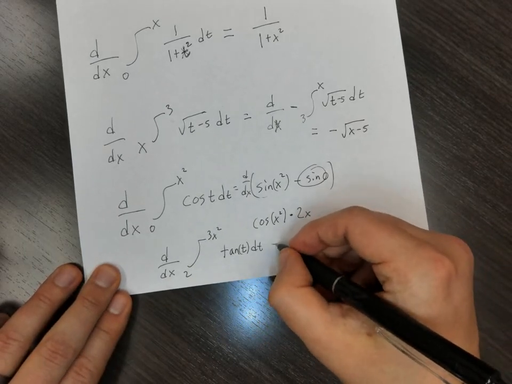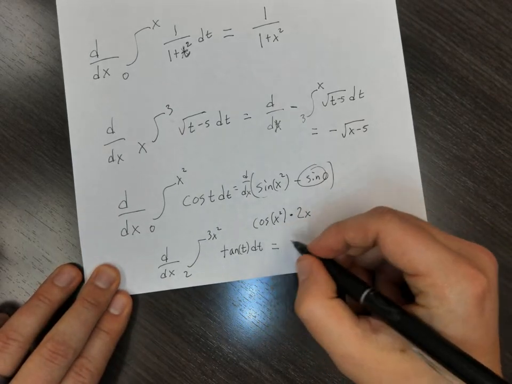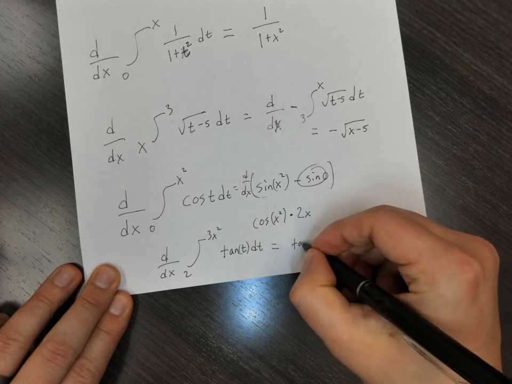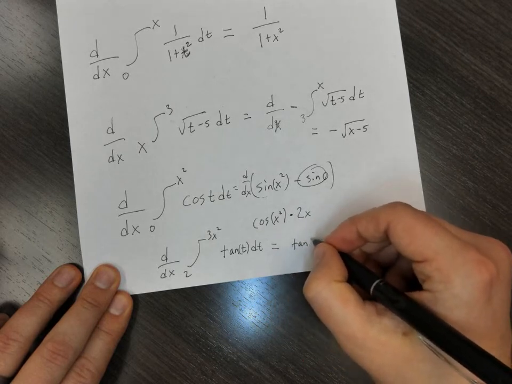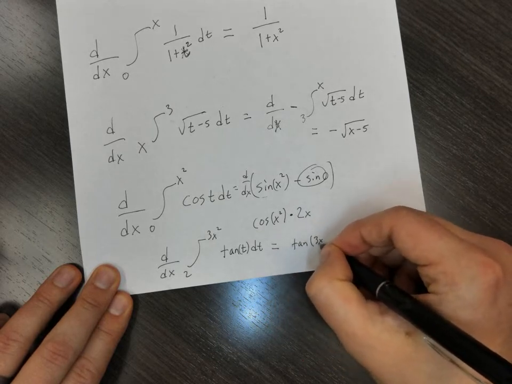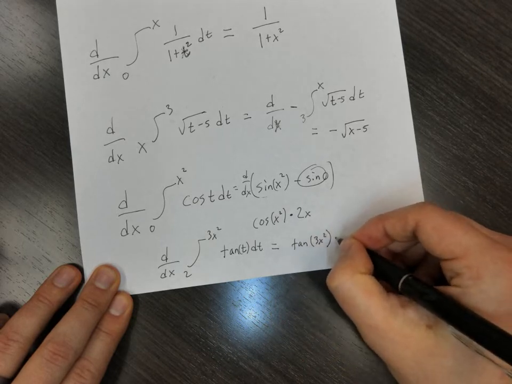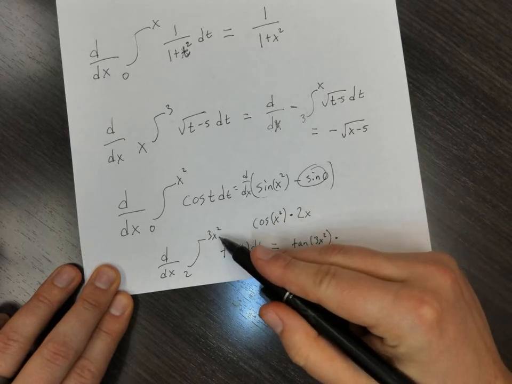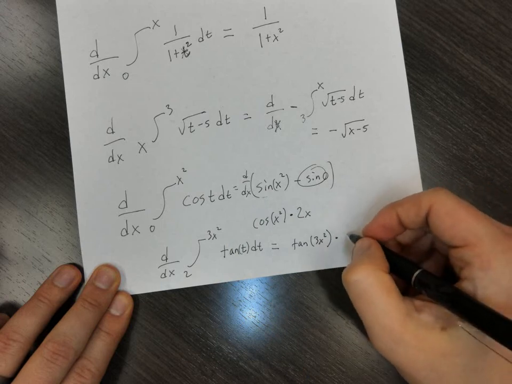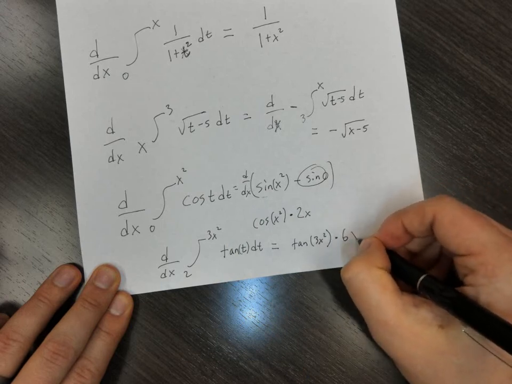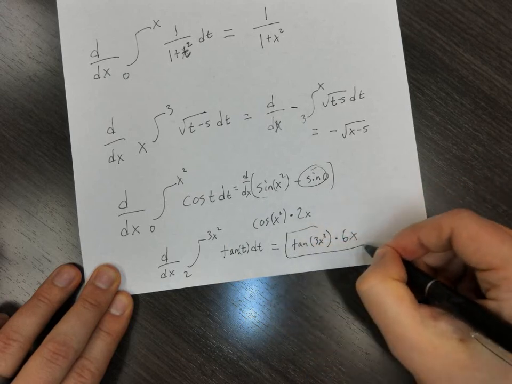What I do is I'm going to just replace t with that 3x squared, so tangent of 3x squared, but then I'm going to multiply by the derivative of that. I'm going to need a chain rule for that, and so that's going to be times 6x, and that's it.